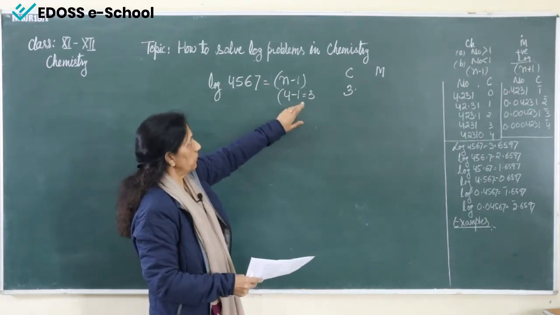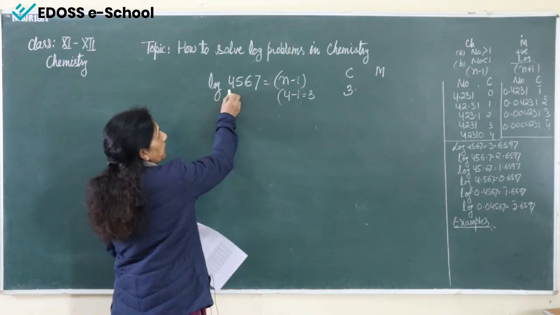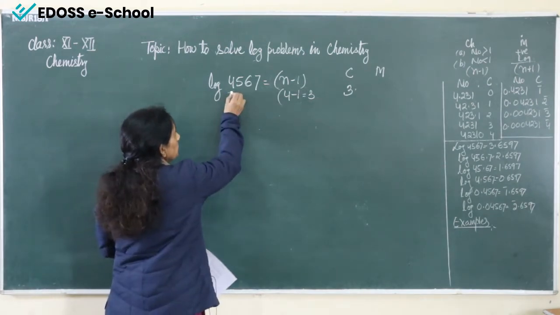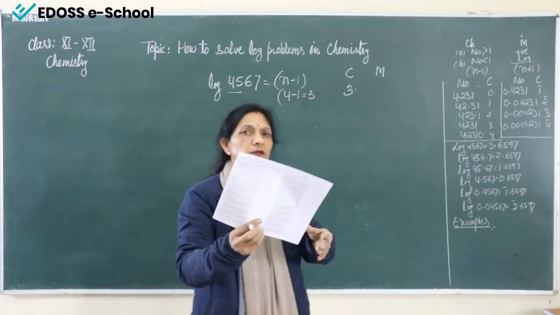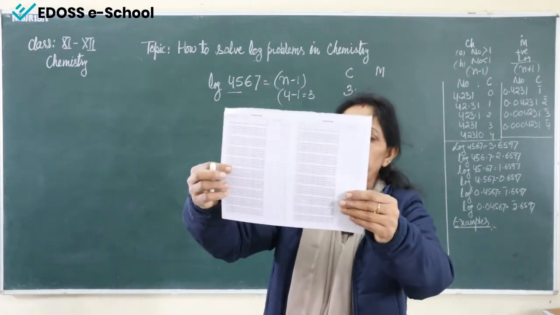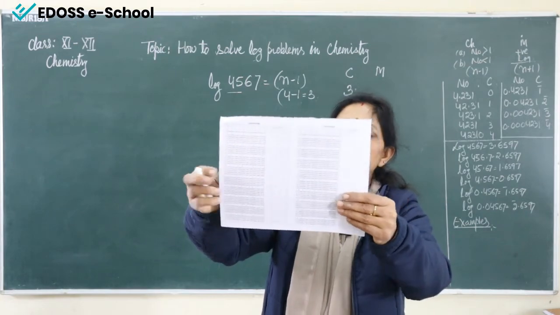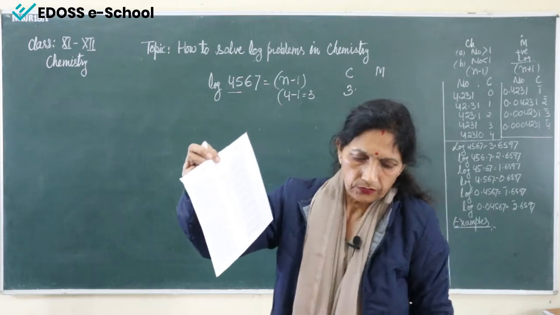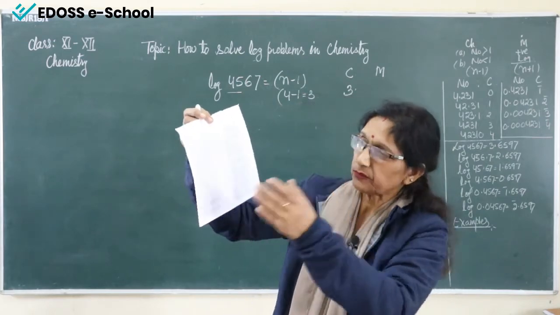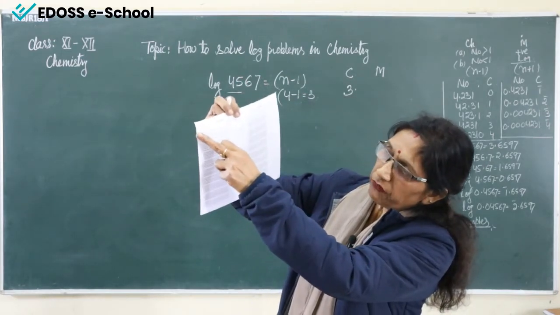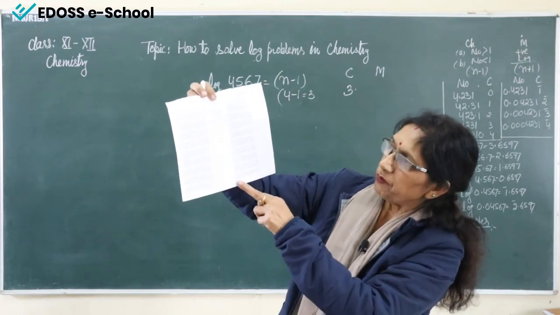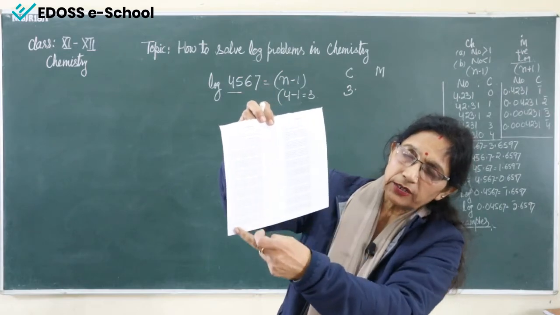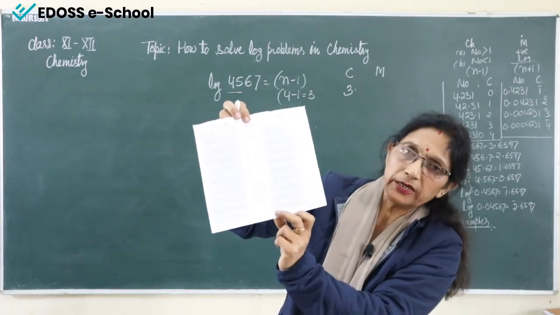So what will we do now? Now see here, this is the number 4567. If you see the log table very carefully, you will see that the numbers are given here. The numbers start from 10 and go up to 99. This is 10, 11, 12, 13, 14, and so on up to 99.